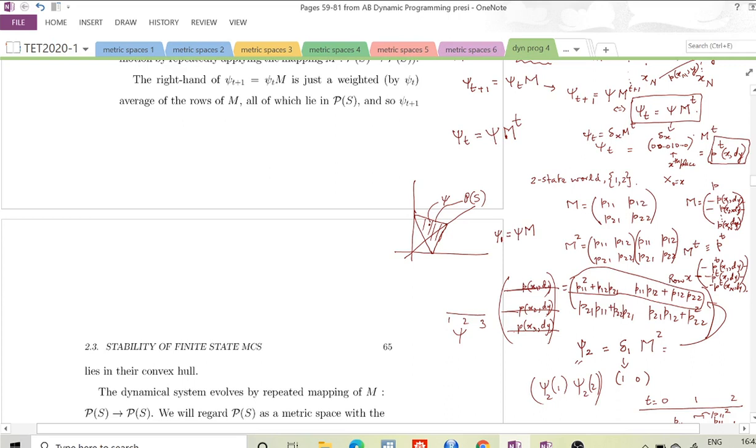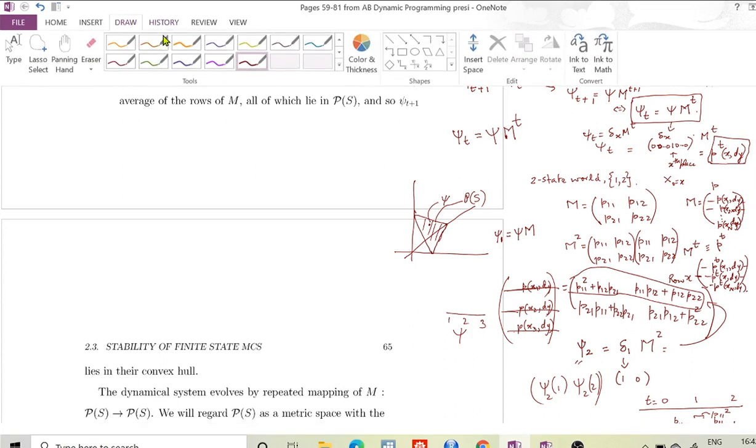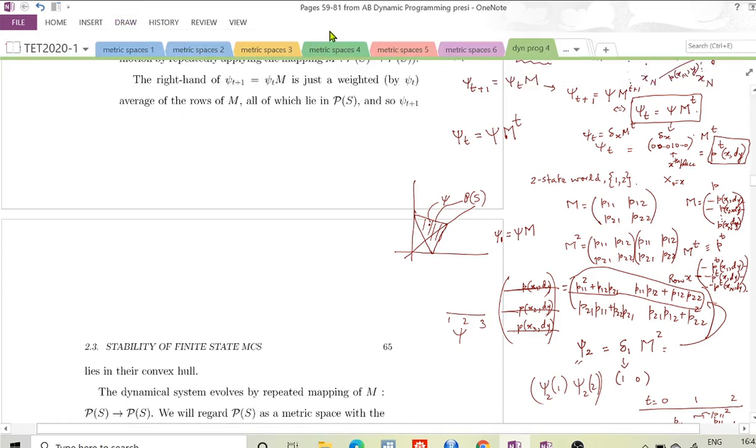So they exhaust all probabilities and they add up to 1. So that's a probability distribution. Because these are distributions, they also all lie on the unit simplex, right? So these are 3 points on the unit simplex. Let's color these points with a different color. So these are 3 points.